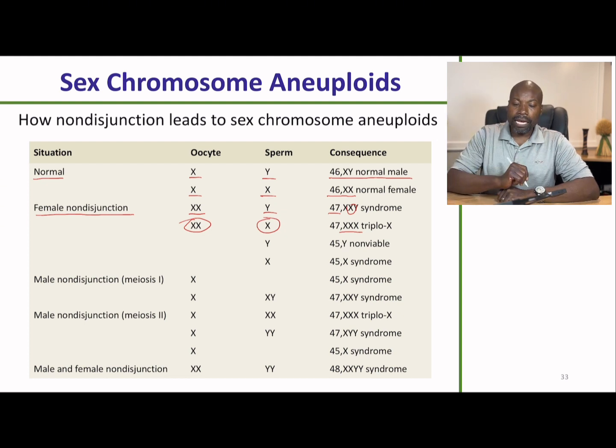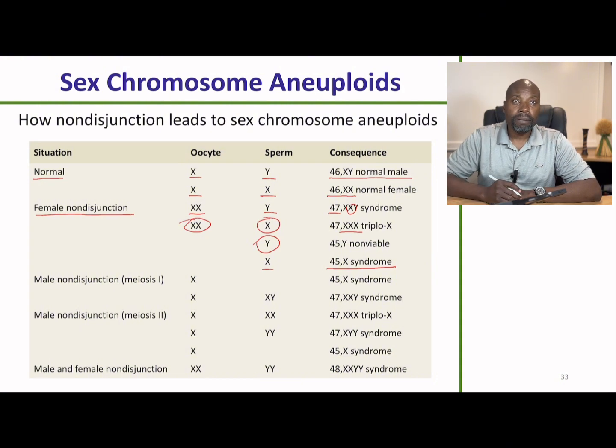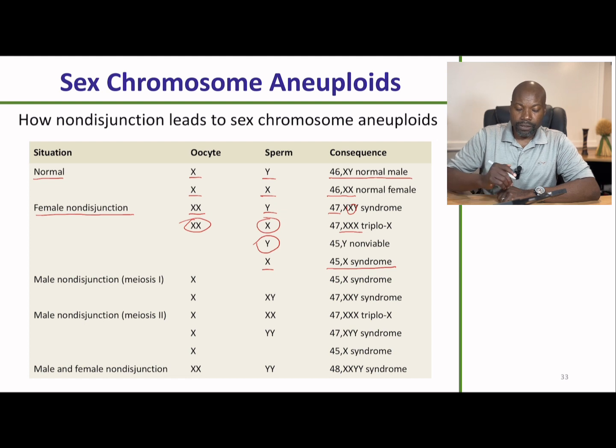We can sometimes have individuals with X and no Y. These individuals with X and no Y are going to have what we call Turner syndrome, while individuals that are only Y but no X are not viable. We don't know of any male that doesn't have an X. Okay?